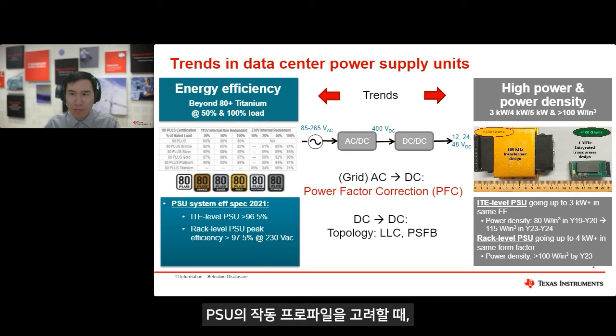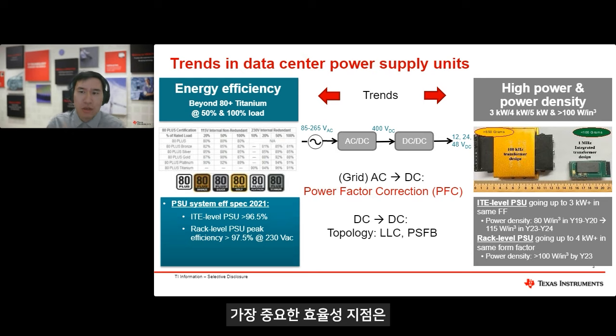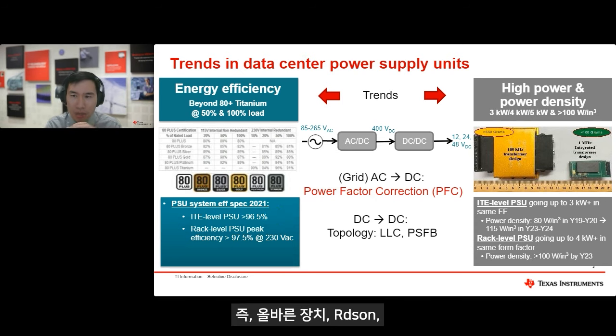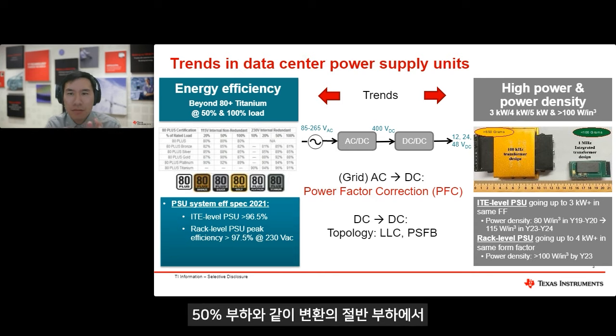Considering the operation profile of PSU, the most important efficiency point is actually at half load. So ideally, we should design the PSU, meaning choosing the right device, selecting the right inductor, and so on, to have the peak efficiency happening at half load of the converter, like 50% load.